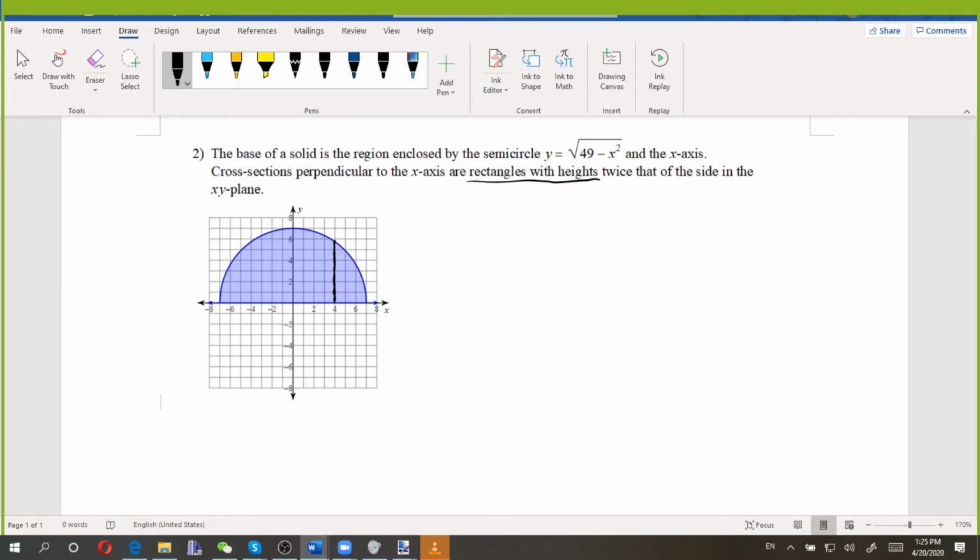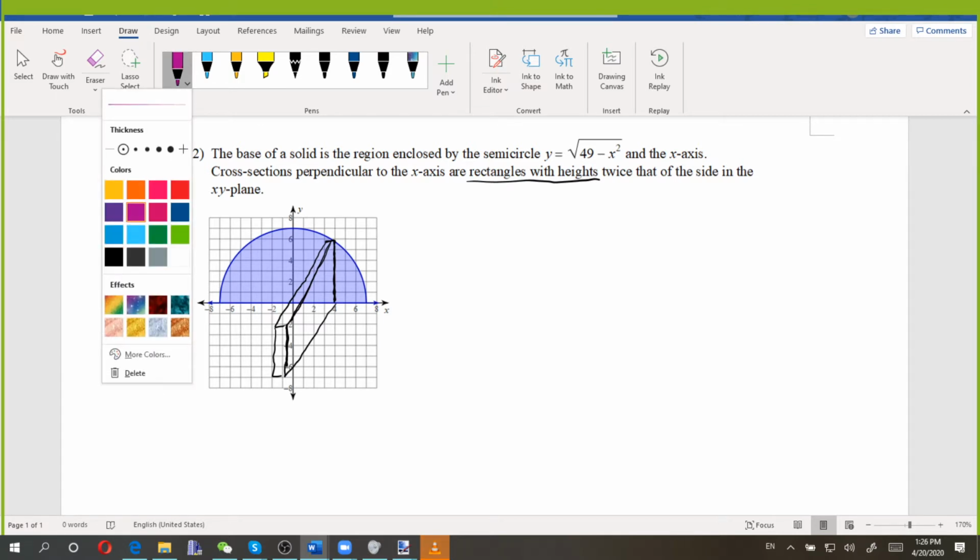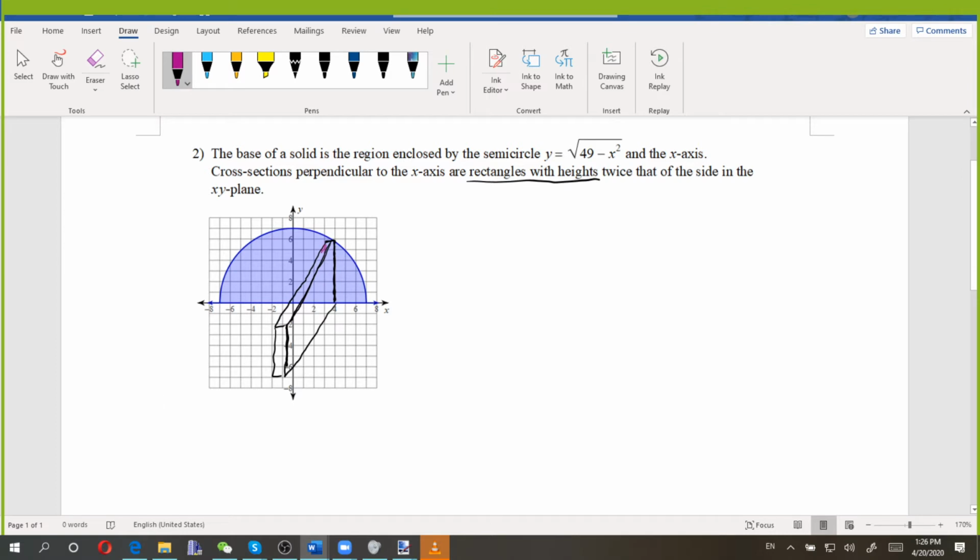Cross sections that are perpendicular to the x-axis are rectangles that have heights twice that, so double the side that is in the xy plane. So popping outside the page right now, I've got something that looks like this. A rectangle such that the part of the rectangle that's popping outside the page has twice the height of the side that is inside the page. So let me color code this the same way we did last time.